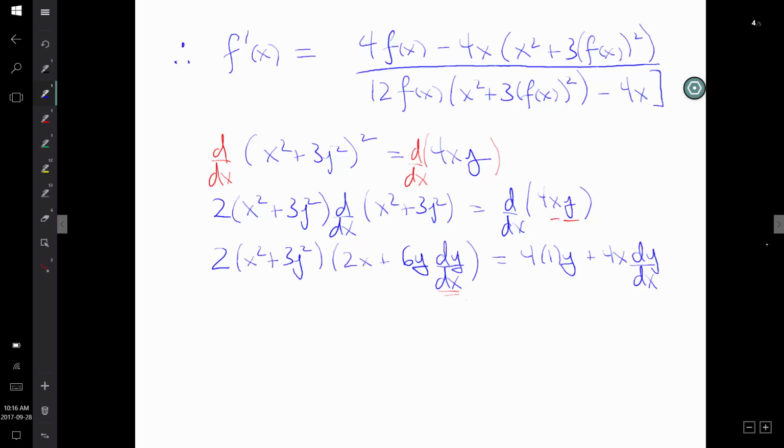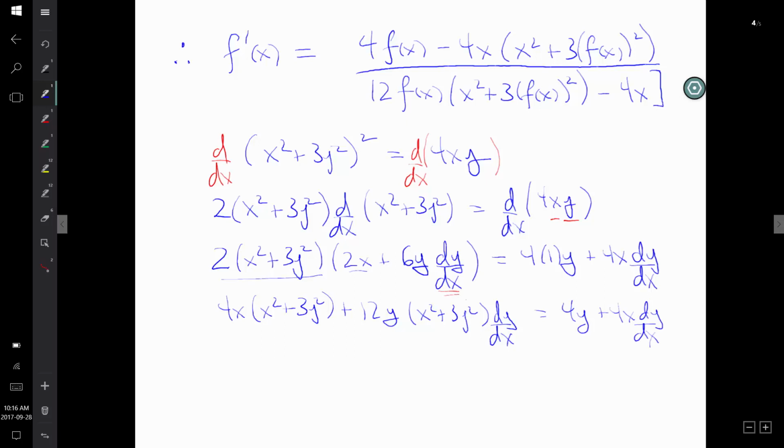So if I do the 2x times this whole thing, I get 4x times x squared plus 3y squared plus 12y times x squared plus 3y squared dy dx equals 4y plus 4x dy dx.